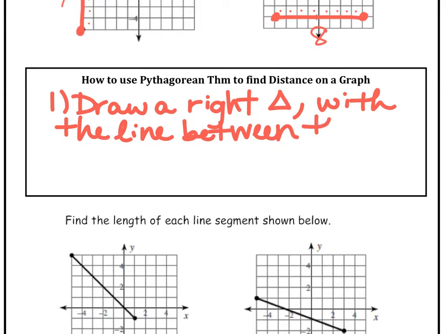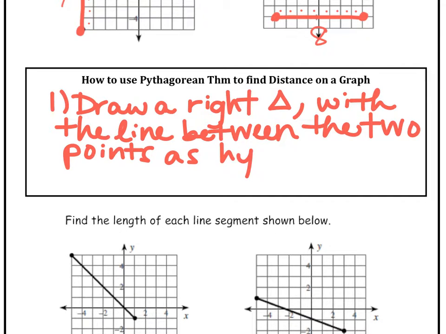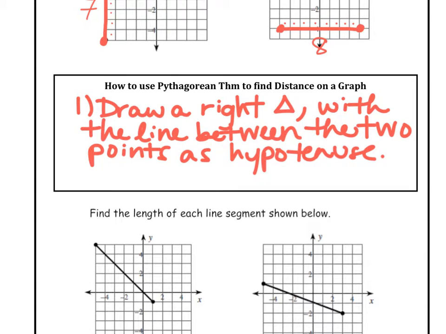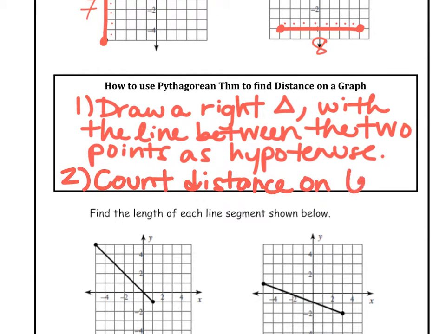Then count distance on the legs, just like we did up top. It's going to be horizontal and vertical lines because they're the legs and they touch the right angle.